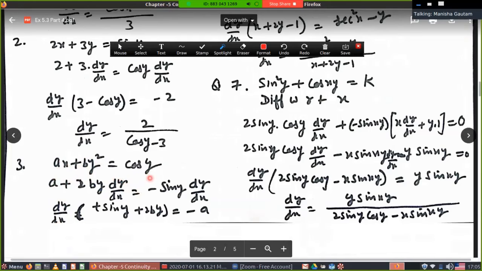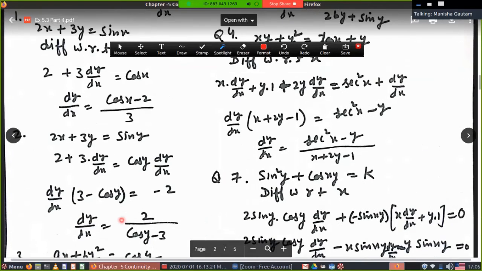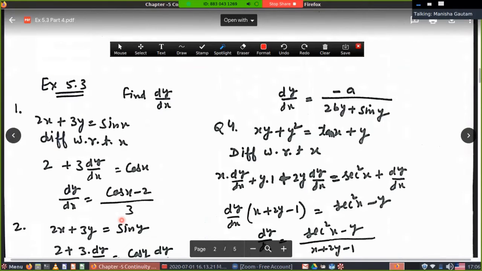And here cos y means minus sin y times dy/dx. Now collect the terms of dy/dx on one side and the terms without dy/dx on the other side. Take this a to the right hand side and minus sin y dy/dx to the left hand side. Collect the terms, take dy/dx common. Now you get dy/dx equal to minus a upon (2by plus sin y).